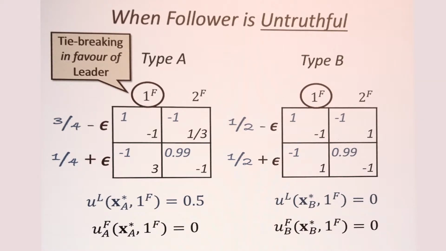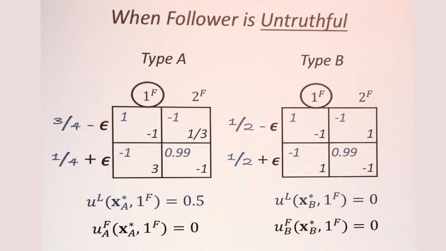For example, here, if the leader plays her second row action with slightly higher probability, the follower is going to strictly prefer taking action 1 in this example. So let's see what can happen if the follower is not truthful.